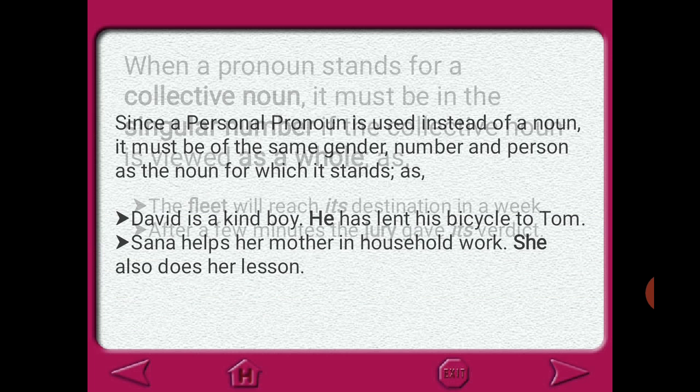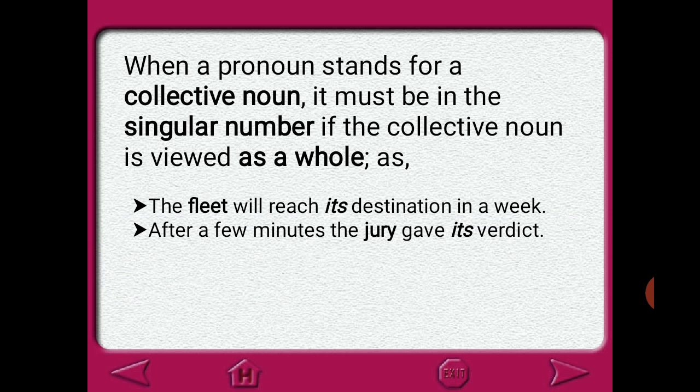Okay. Now, when a pronoun stands for a collective noun, you can see in the examples underneath, like fleet and jury, they are collective nouns. So let's see this again. When a pronoun stands for a collective noun, it must be in the singular number, denoted here in these examples by its, if the collective noun is viewed as a whole. So let's see the examples.